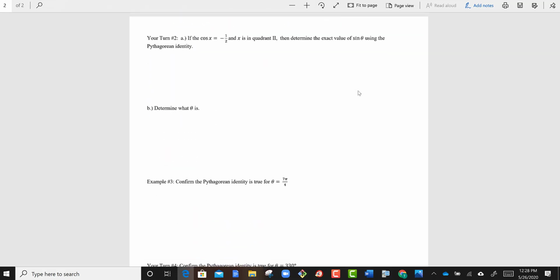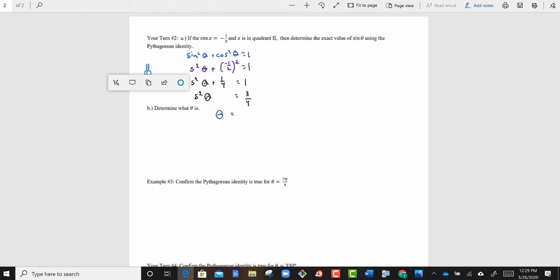I would encourage you to pause the video and try Your Turn number 2. So here are the first few steps. Subtracting 1/4 from both sides again gives me 3/4. Take the square root of both sides, and we get plus or minus radical 3/2, just like we did in the last example.